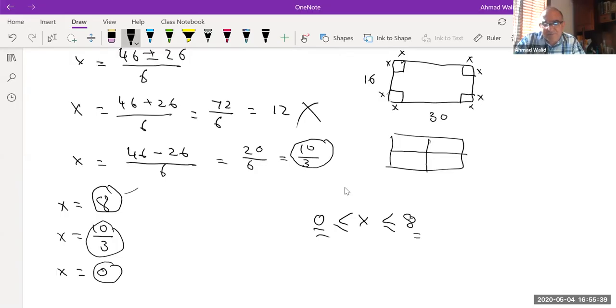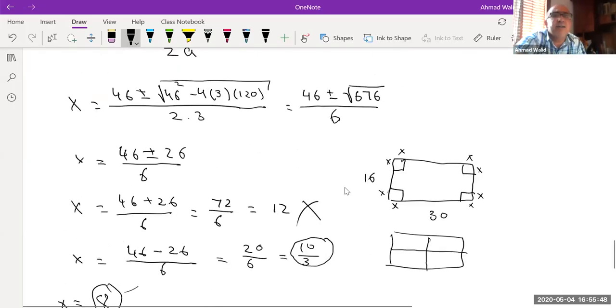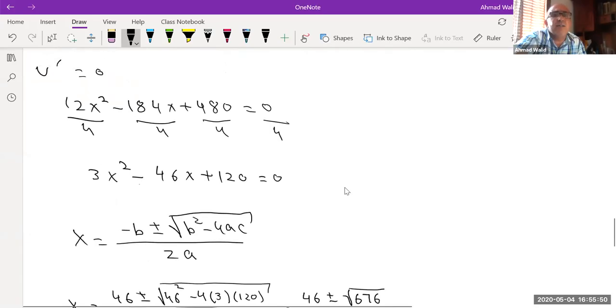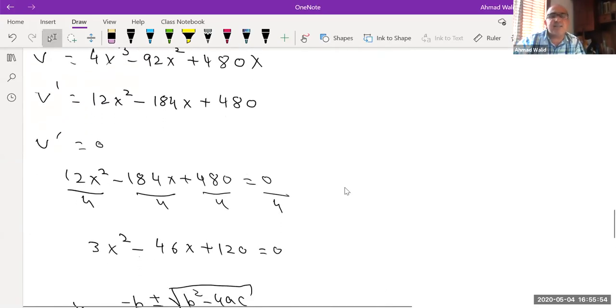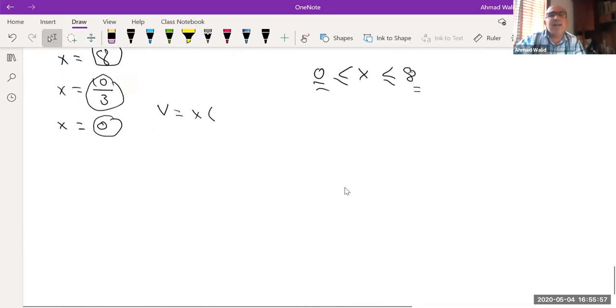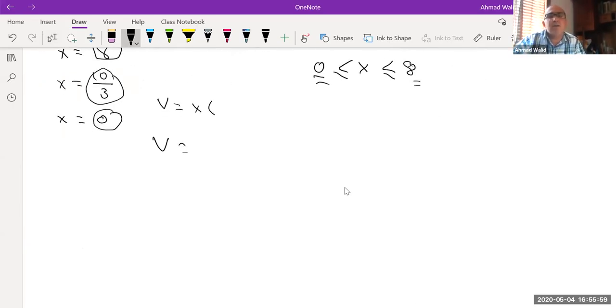You have to plug it in v, and your v was x times something, or maybe the big one that we already multiplied, the last one. V was equal to 4x cubed minus 92x squared plus 480x.